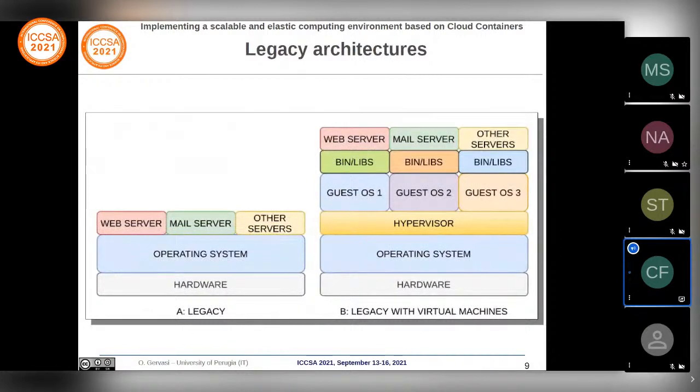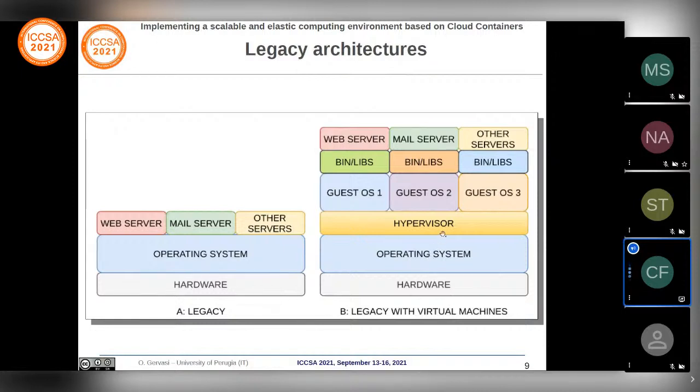So this is the scheme regarding these two approaches we have already described. In the legacy architecture, we have the hardware, we have the operating system, and we have several pieces of software running on top of the operating system, okay? In the architecture with virtual machines, we have the hardware and the operating system. It depends on the approach we use for implementing virtual machines.